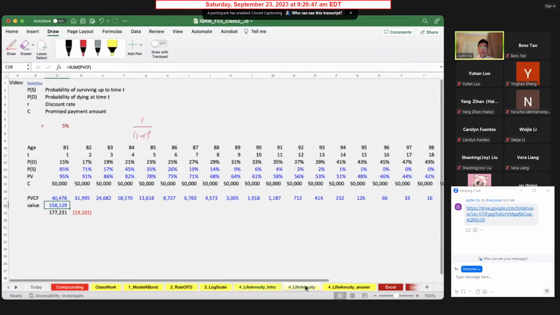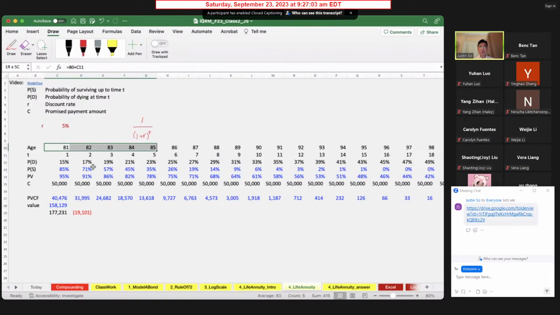In that case, right, from here, you're going to have to insert this cell like this. You're going to have to add it.